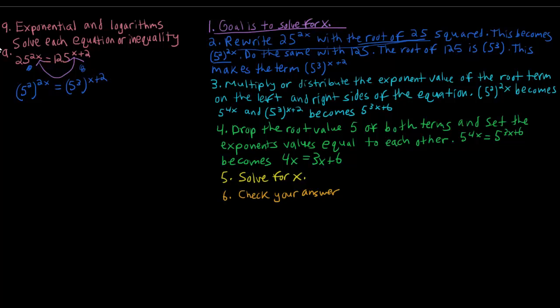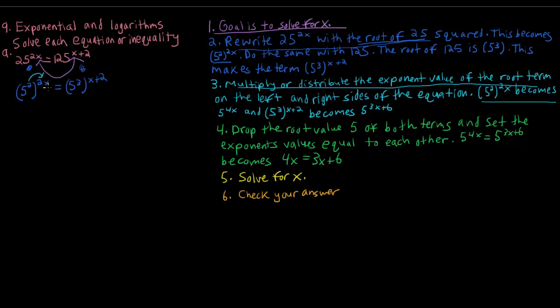Now for step 3, we multiply or distribute the exponent value of the root term on both sides of the equation. So pretty much you're just multiplying this exponent value by these terms.